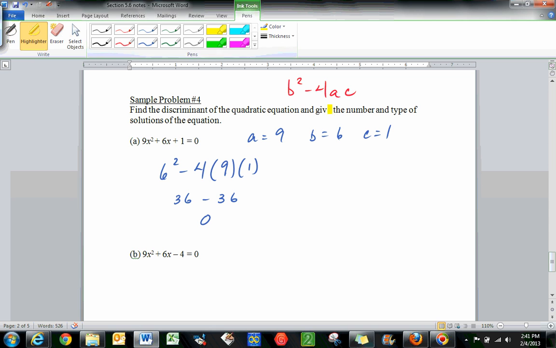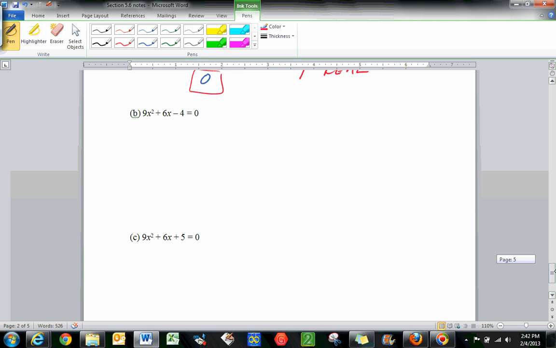Now notice the question asks us to give the number and type of solutions. The number is one solution, because it's 0, and that solution is going to be real. So this represents the number of solutions, and this represents the type of solutions. Okay, let's move on down to part B.